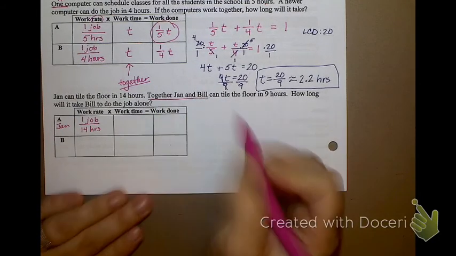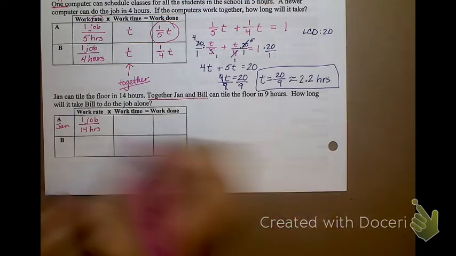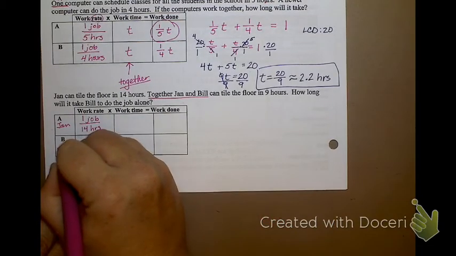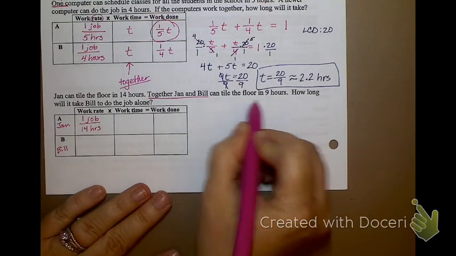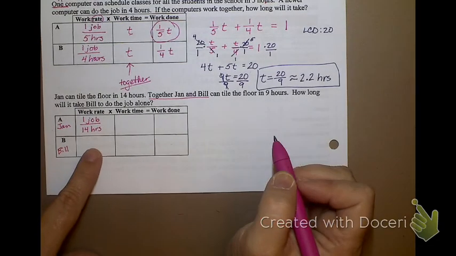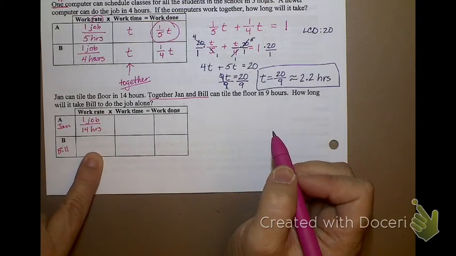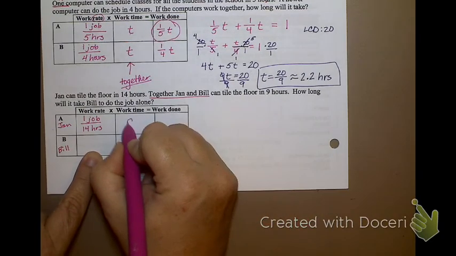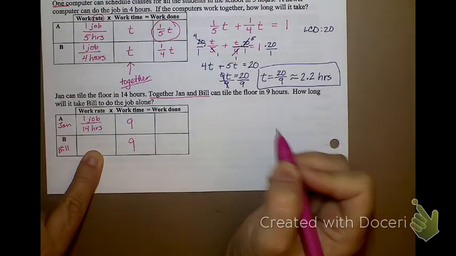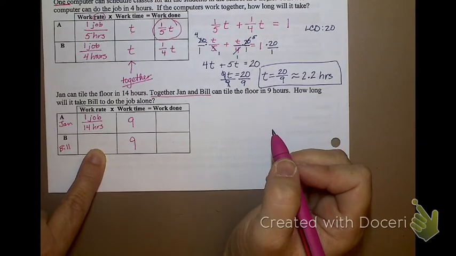Together, Jan and Bill, so I guess B is Bill, can tile the floor in 9 hours. So this right here is not one job over 9 hours for Bill, is it? It's their time together that is 9 hours. Do you see that? Slightly different.